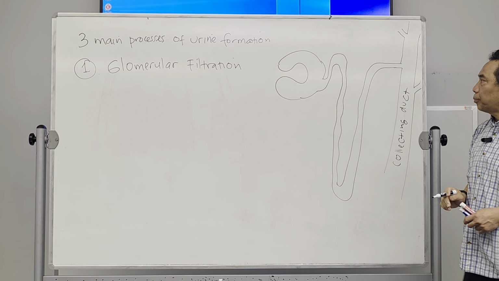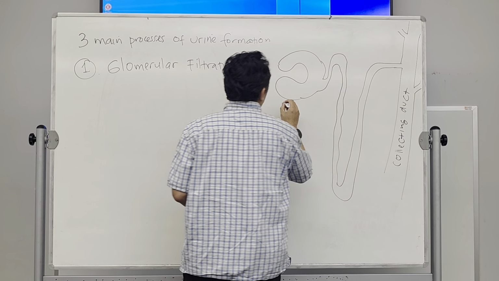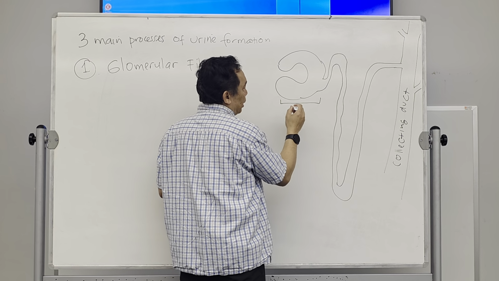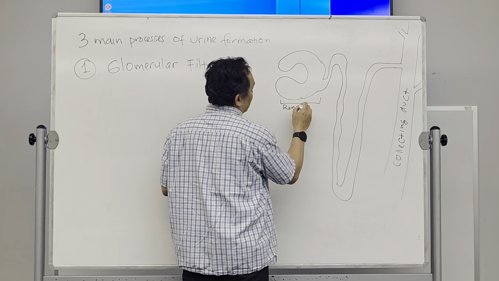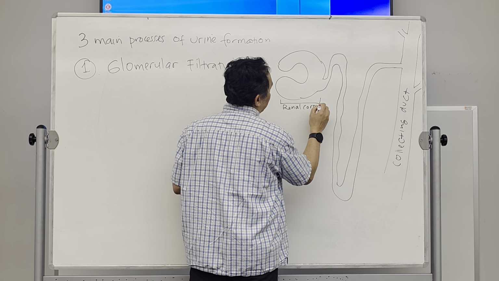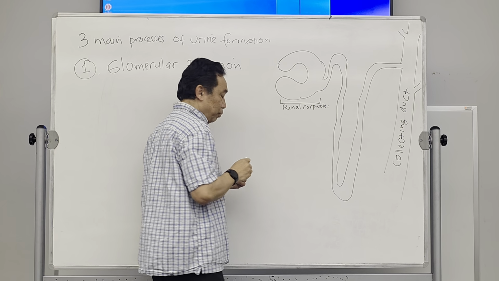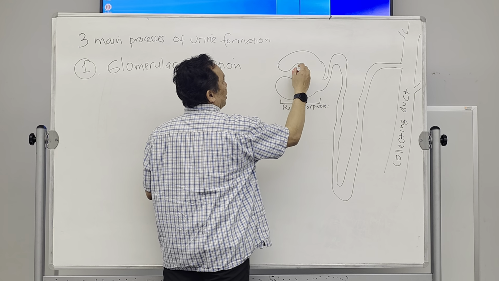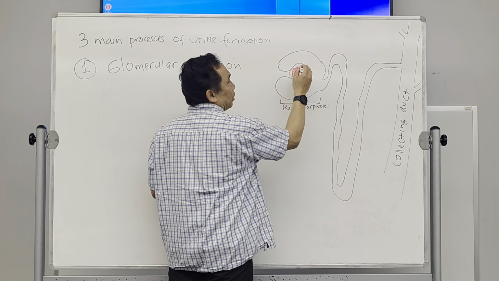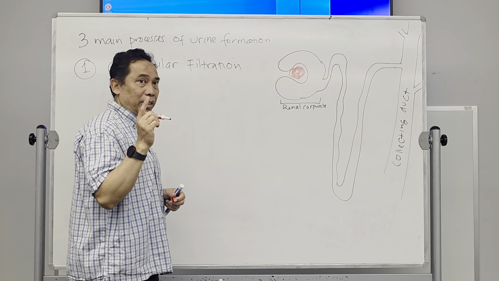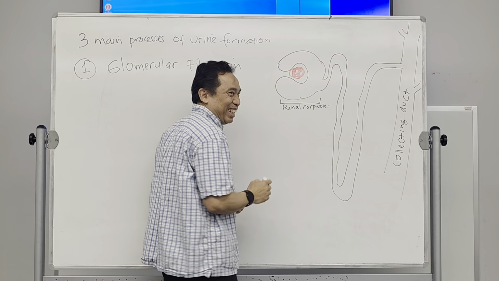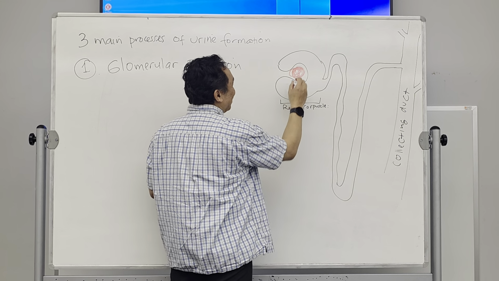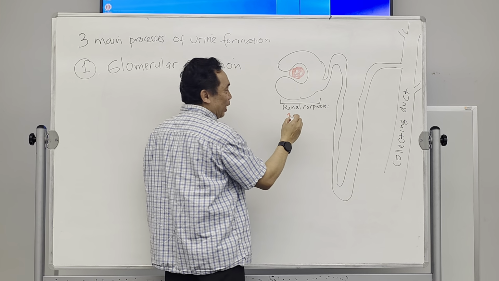And this part again will be the renal corpuscle that consists of two structures. The capillaries itself, I'm gonna use the blue color, I mean, the red color. I'm sorry, I'm colorblind. So this one is gonna be the glomerulus.